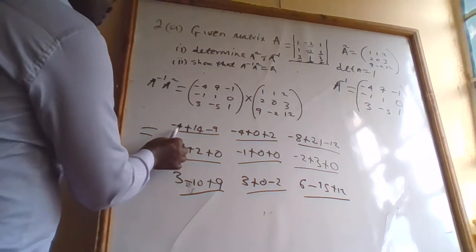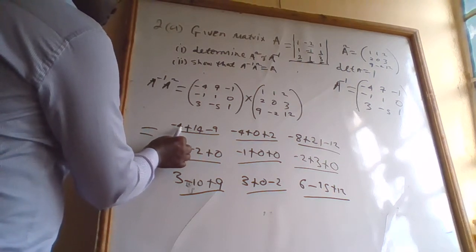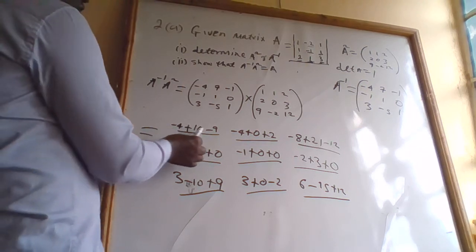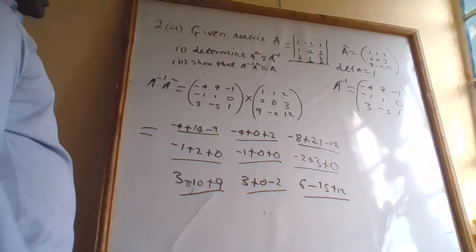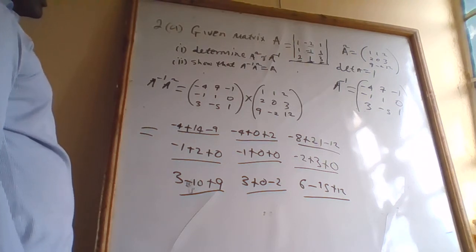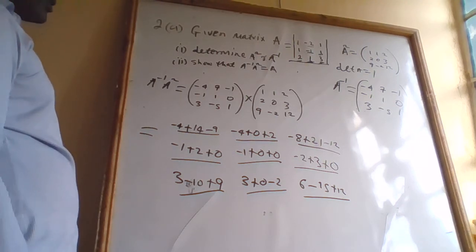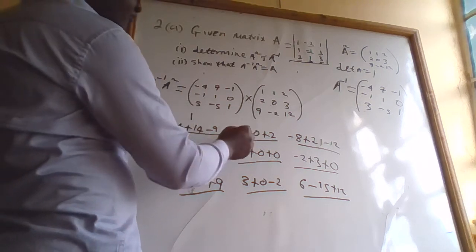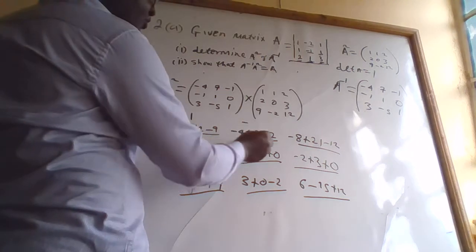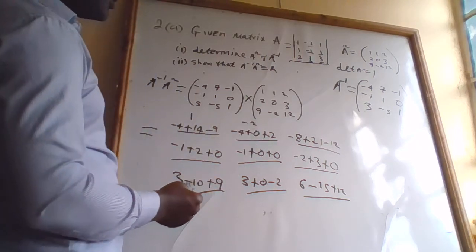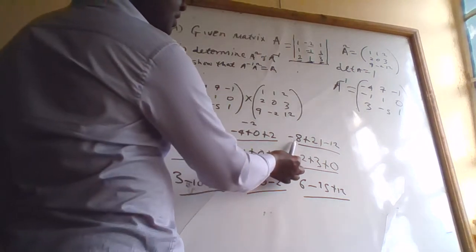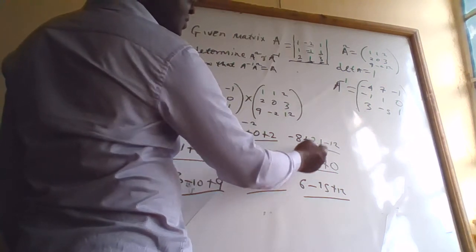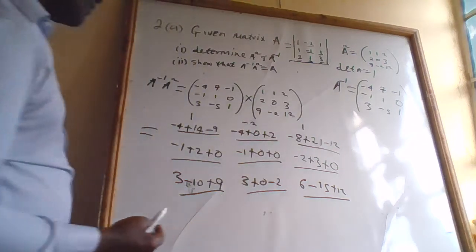So this negative 14, negative 4 plus minus 9, you get negative 13. Negative 13 plus 14, we have 1 here. Here we have negative 2, 8 minus 8. So negative 20 plus 21, we have 1 there.